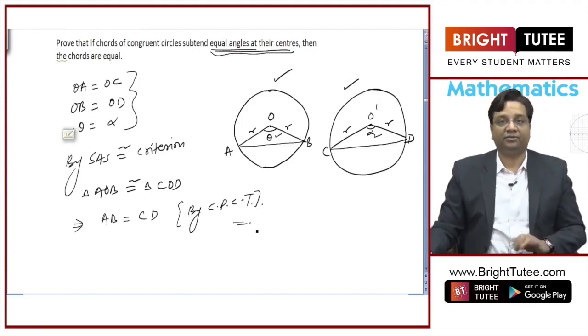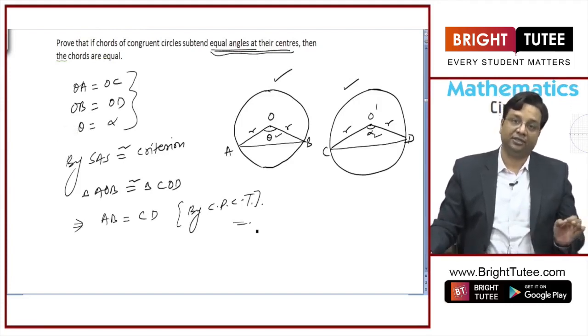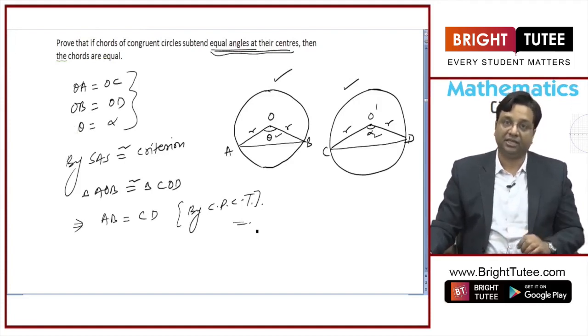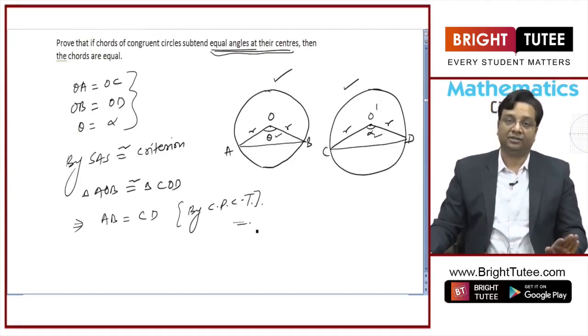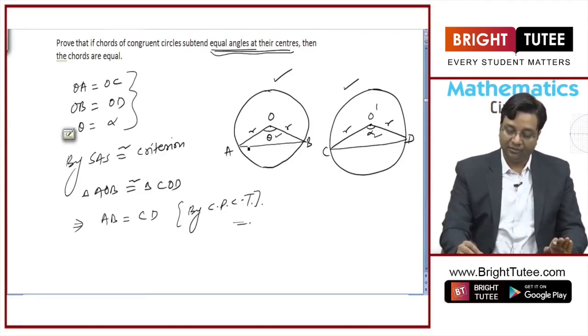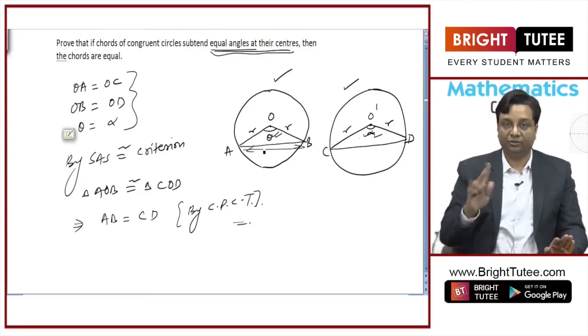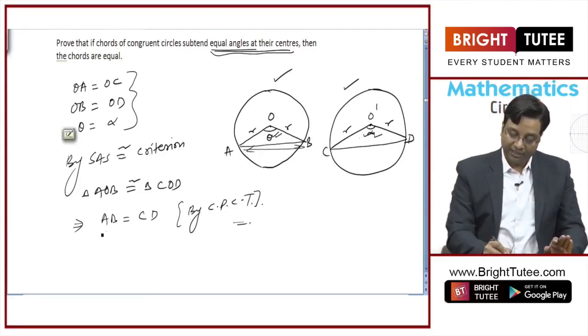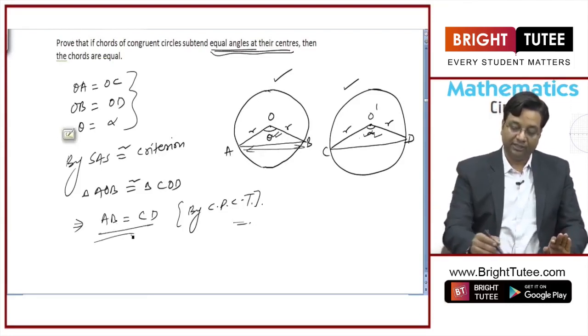So you can easily observe, if you are clear with your triangles chapter, then these observations are very obvious. You can clearly see that if these two angles are equal, then these chords will also be equal in case of two congruent circles. So yes, AB will be equal to CD.